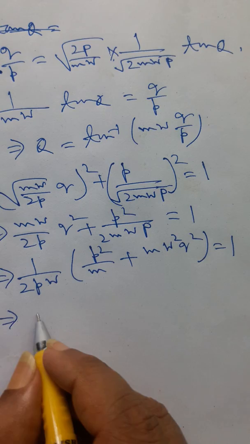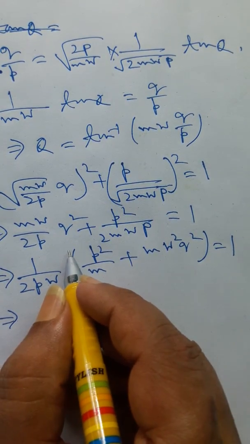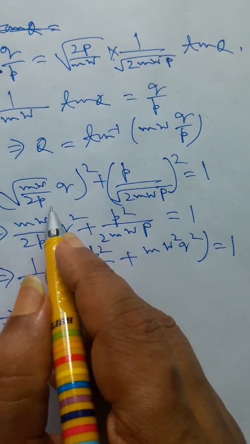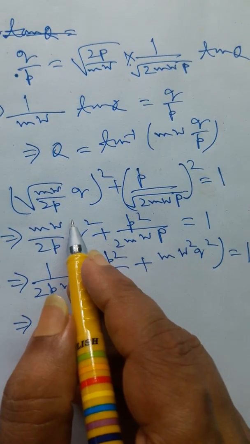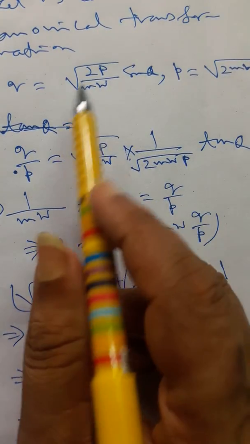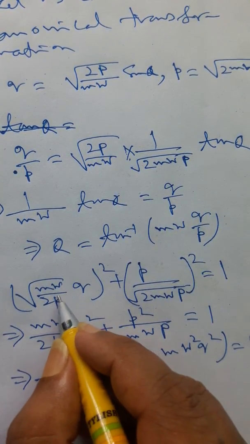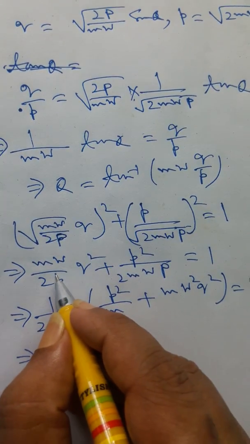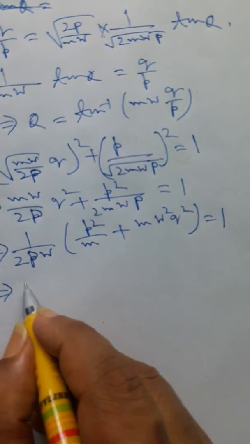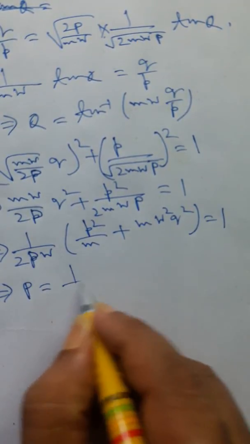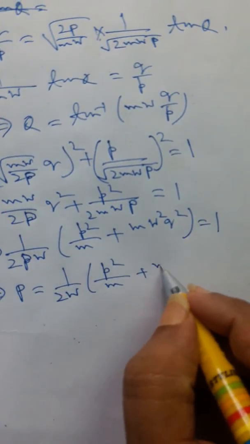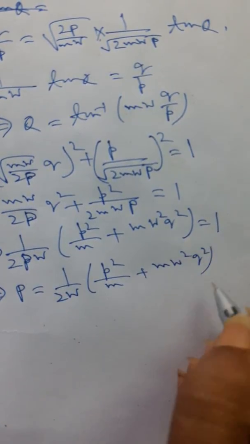Just one correction here, it will be root over twice capital P, it is not small p. So P will be 1 by twice omega p square by m plus m omega square Q square.